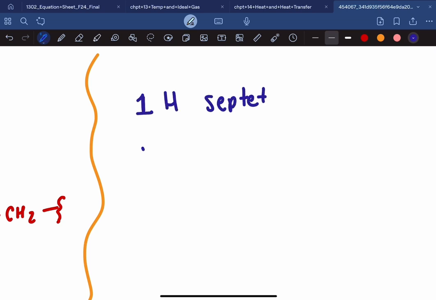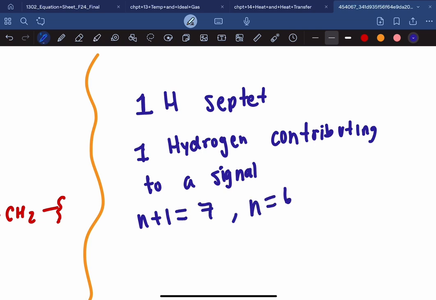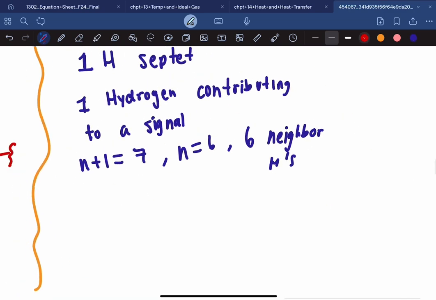This means that we have 1 hydrogen contributing to a signal, and septet means N plus 1 equals 7. Therefore, N equals 6, so 6 neighboring H's. All we have to do is draw out what this would look like.